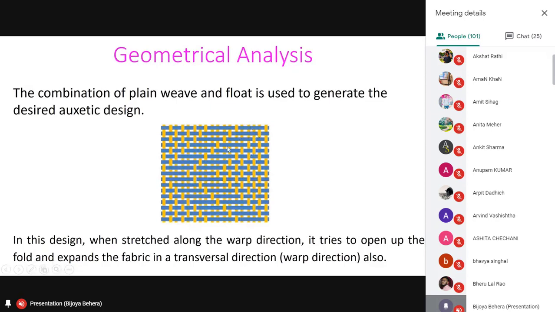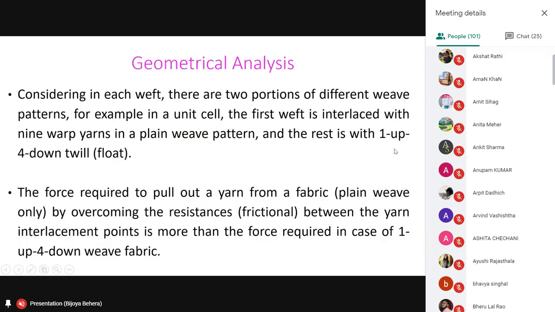You first have to know what kind of geometry will give this folded structure in the fabric, then convert that geometry to weave design, then convert that weave design to a draft and peg plan, then weave the fabric, then you will get the properties. This is the geometrical analysis I mentioned.